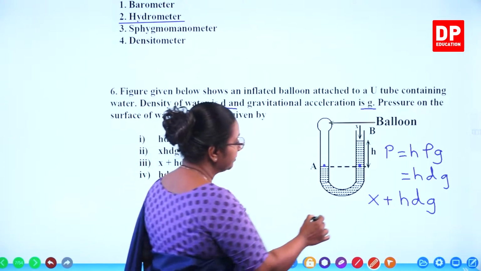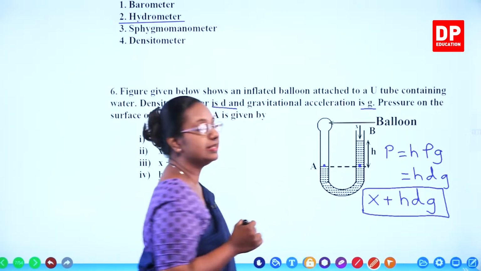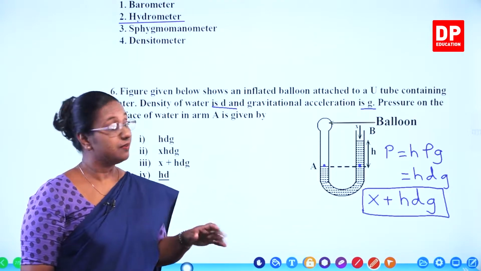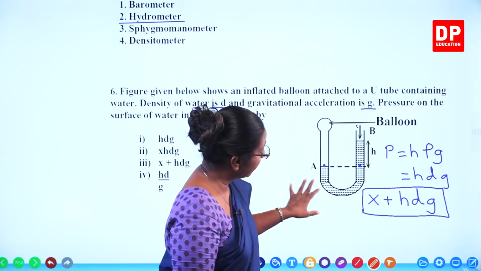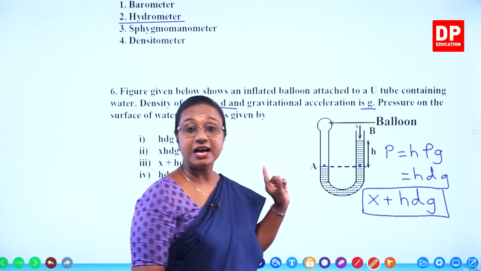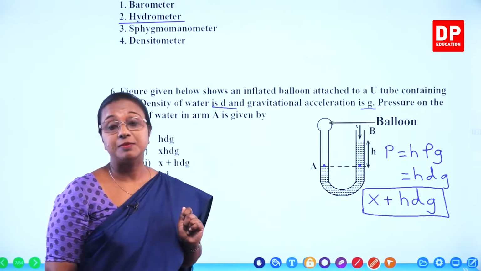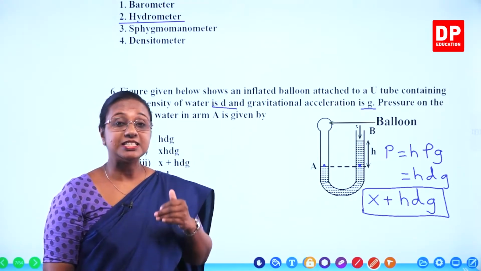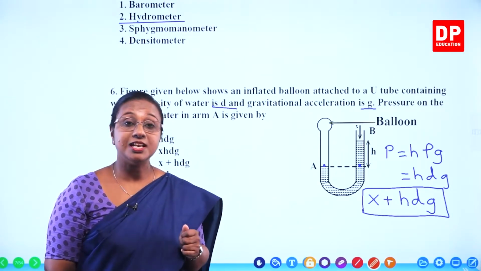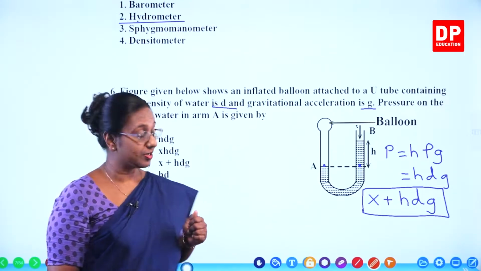That will be the pressure at this point and this point. We discussed a question given in your textbook where we actually explain that the pressure exerted by the air inside the balloon is greater than the pressure of the atmosphere. The atmospheric pressure is less than the pressure exerted by the air inside the balloon. That was a relationship that we tried to explain in one of your questions.